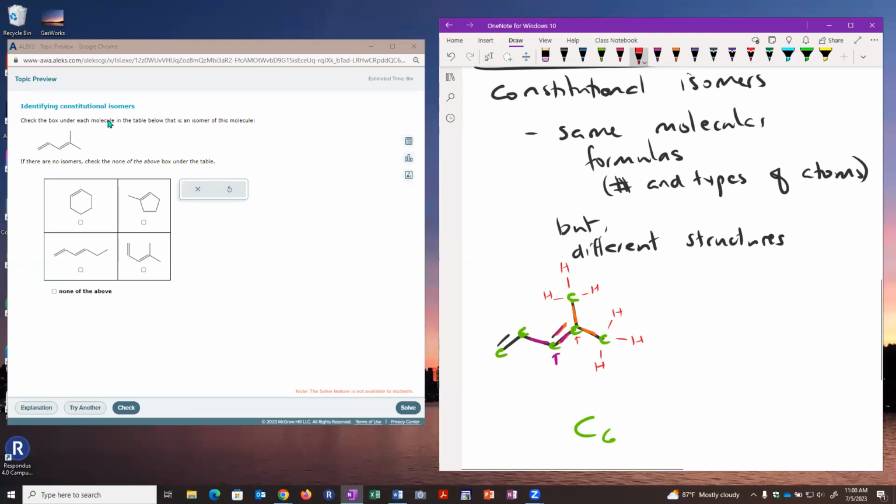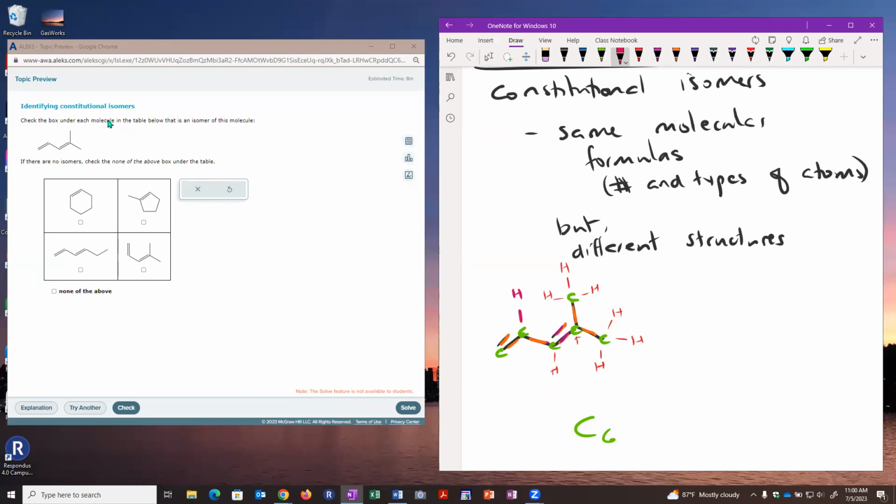So it needs 1 more bond to H. This carbon here has, let's see, it's got 1, 2, 3 bonds shown. So it needs a 4th one to an H. We'll draw that one in.